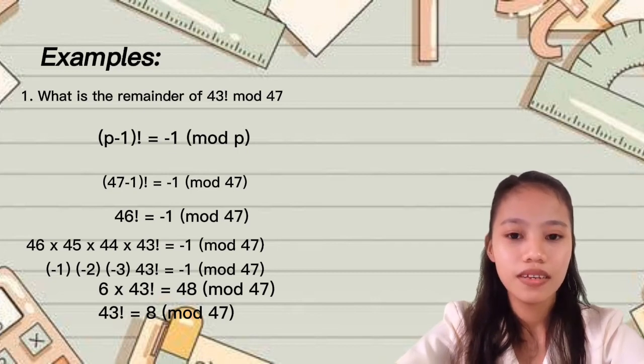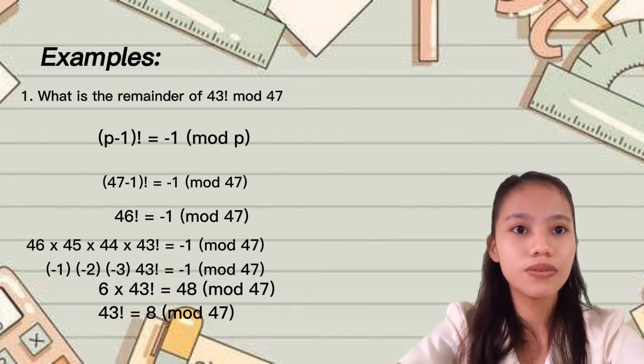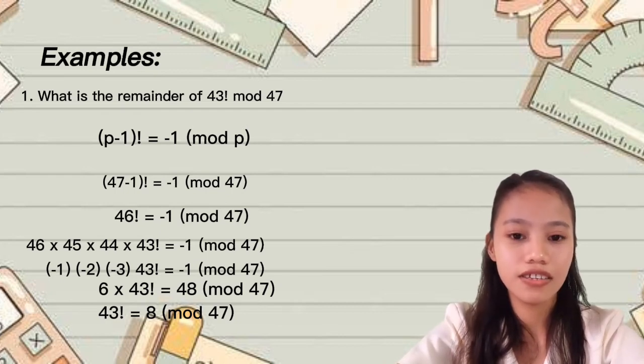Now, we need to eradicate the 6 on the other side. To do that, we add our positive 1 to our prime number, which is 47, and it becomes 48. So we have now 6 times 43 factorial is equal to 48 modulo 47. To eradicate the 6 on the other side, we now divide 48 by 6.